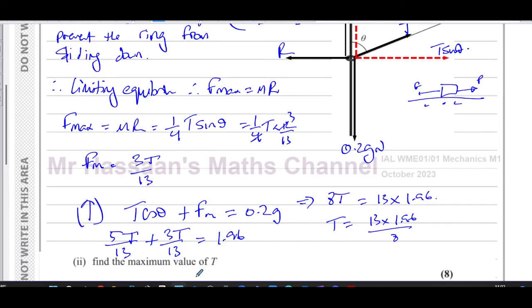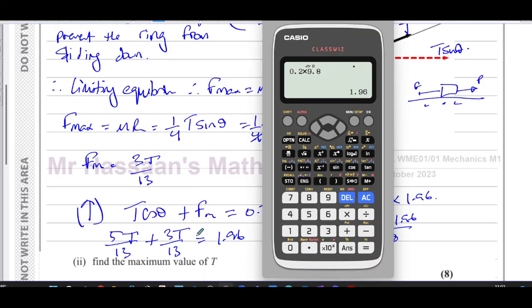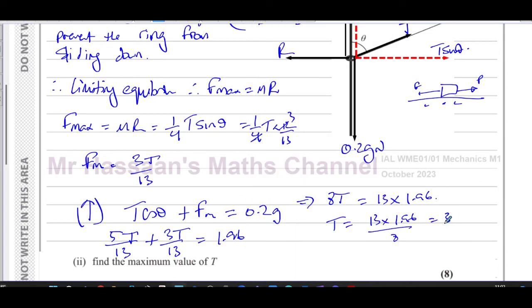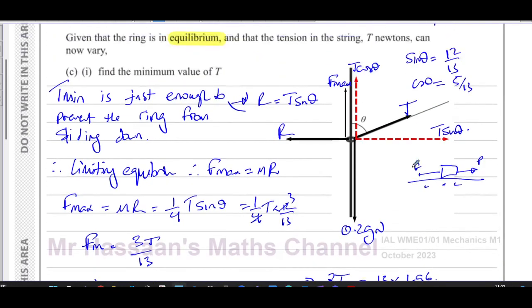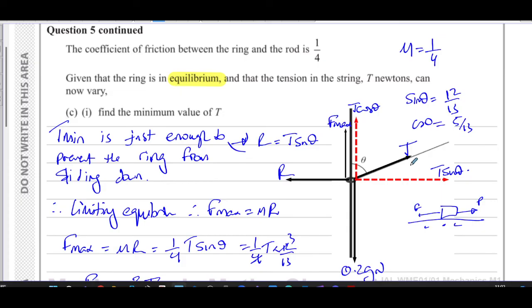So I have 1.96 times 13 divided by 8, which gives us 3.185. To 3SF, we can say 3.19 newtons. So that's the tension, the minimum value of the tension in the string such that this thing is in equilibrium.